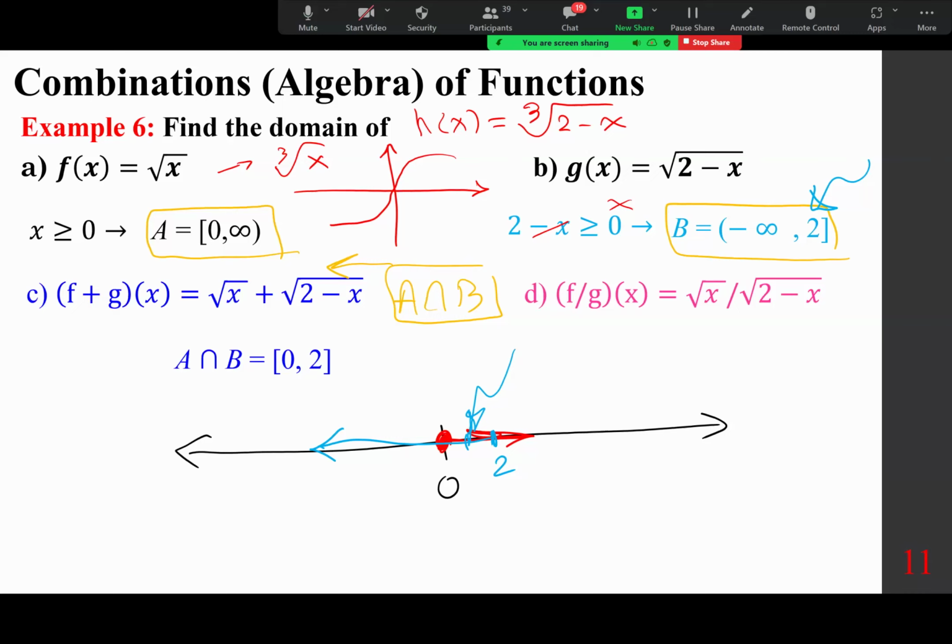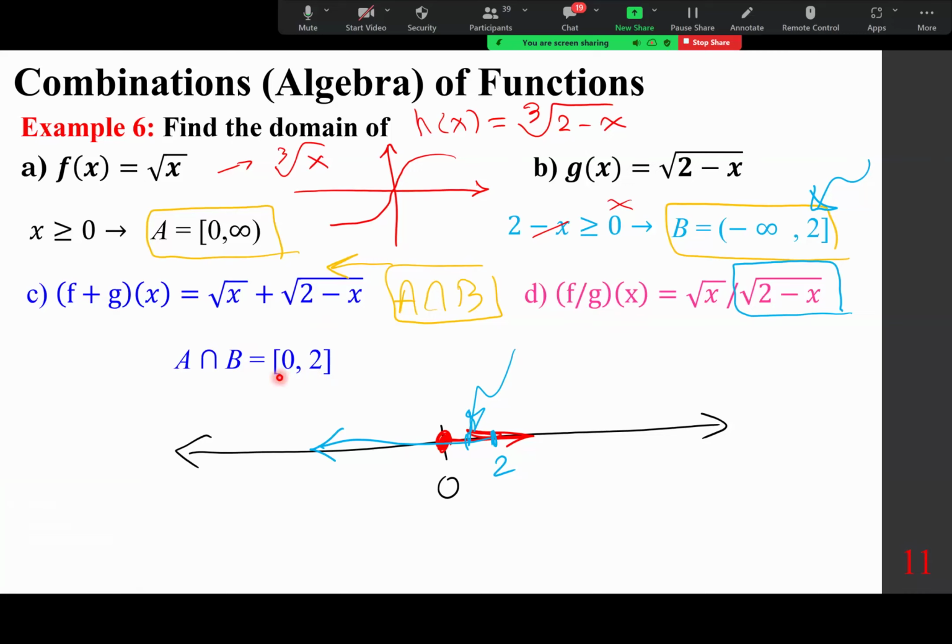So that's almost the same for part D, but we want to pay attention to the following: the denominator can't be 0. As you know, the denominator is 0 at x equals 2. So the answer for this part is the same, except it cannot be 2.